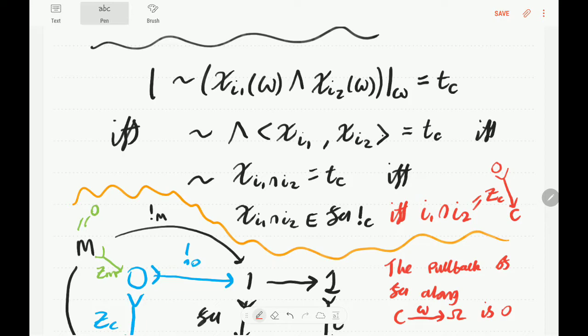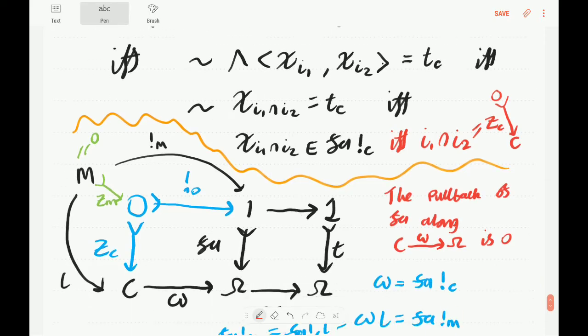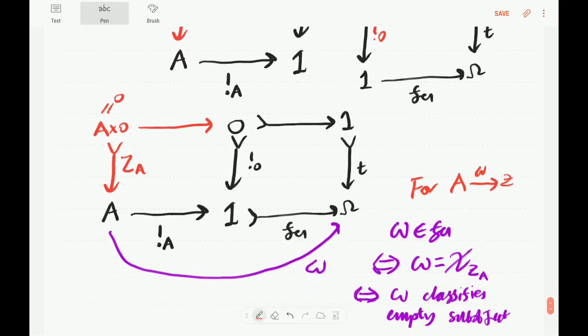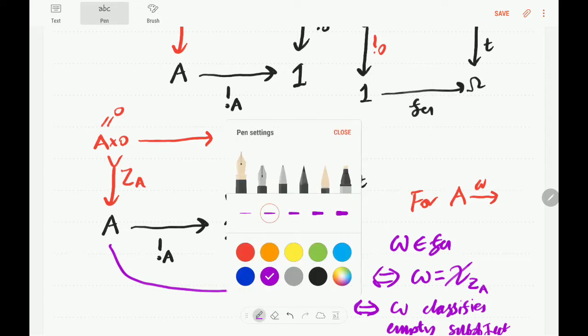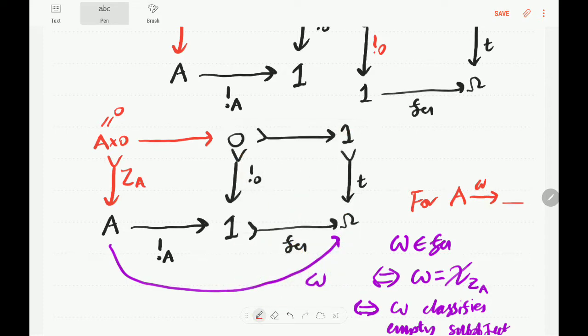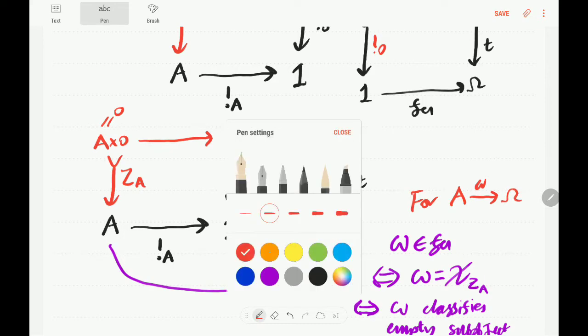But how are we going to see this? Well, there's a more general result, which is, in general, I believe, if F is in false, then say we have an arrow W from A to omega. Well, that'll be the classifying arrow of some subobject, okay?